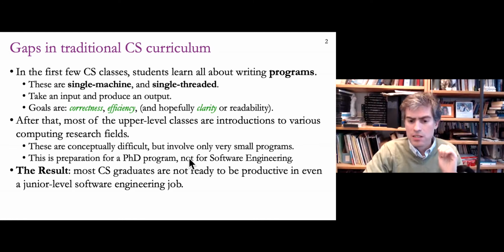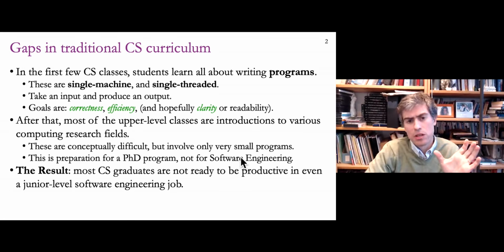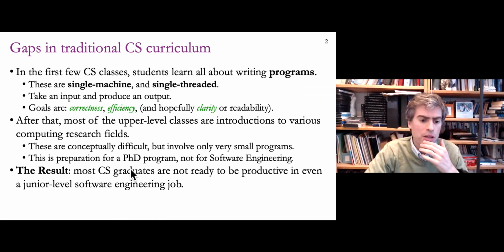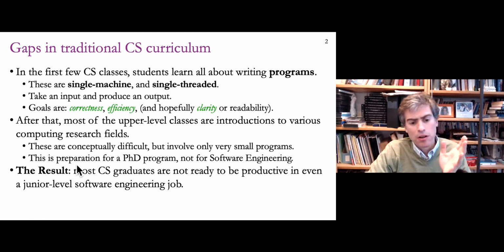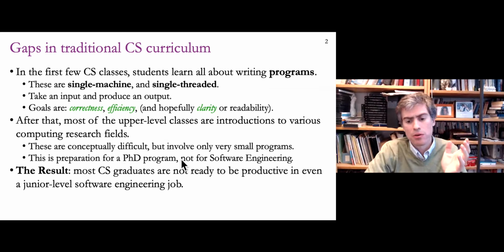Those are difficult classes and very interesting topics, but typically the programming that students get experience with there is writing very small programs. And I would argue those classes are designed to prepare students for a PhD program rather than for software engineering.